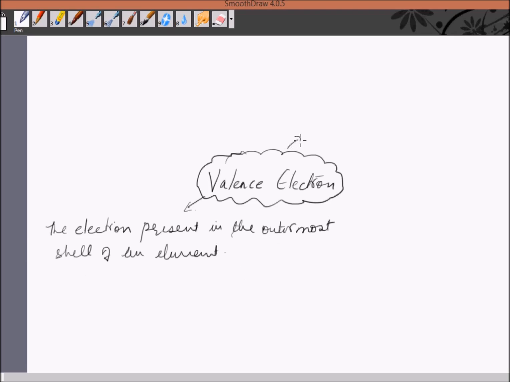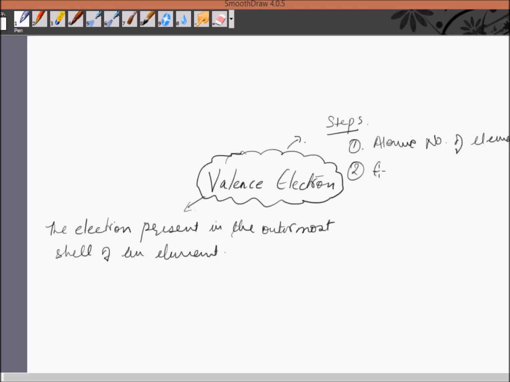And how do we get the valence electron? We have a few steps. First, we should know the atomic number of the element.